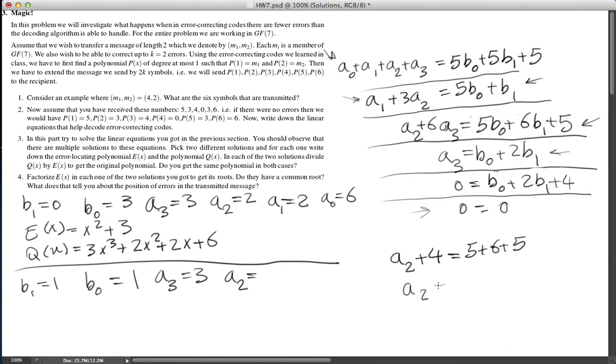So this is saying that a2 equals 5. Now let's go ahead and do a1. This equation is saying that a1 plus 3 times a2, which is 3 times 5, which is 1, equals 5 plus 1. So this is saying that a1 is also 5.